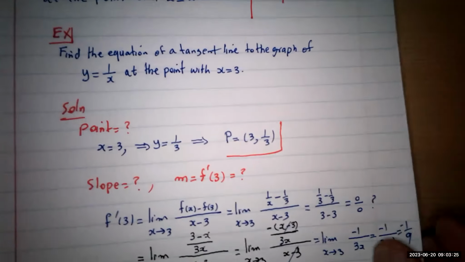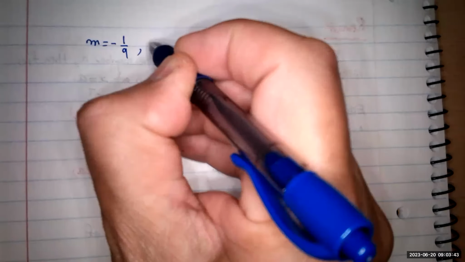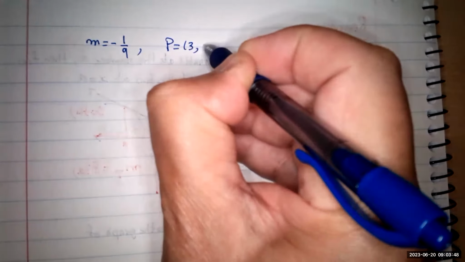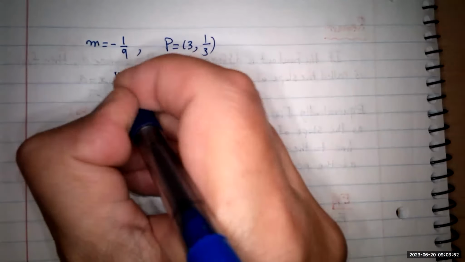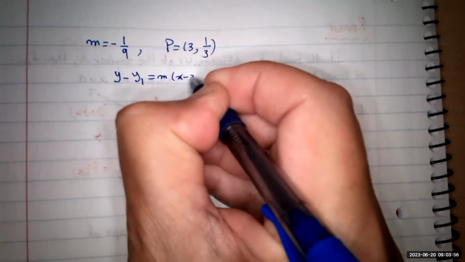Okay, so let's go and find the equation of the tangent line and fill in the information here for myself. So I have m equal to -1/9, and I have the point, which is 3 and 1/3. We're going to use the formula y minus y1 equals m times x minus x1.